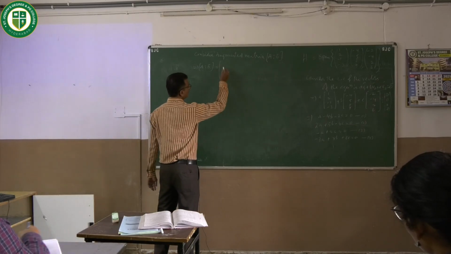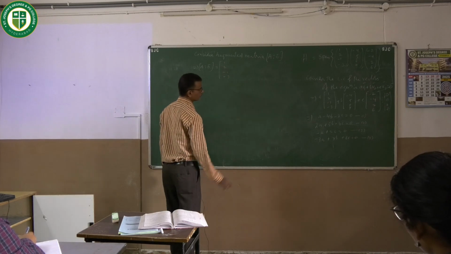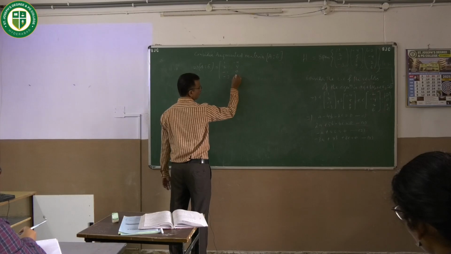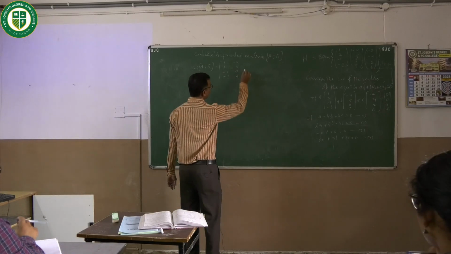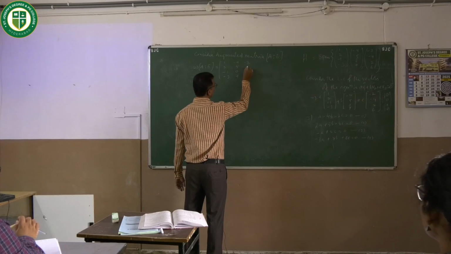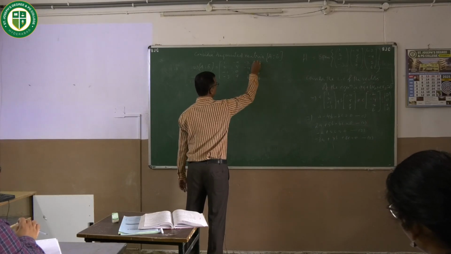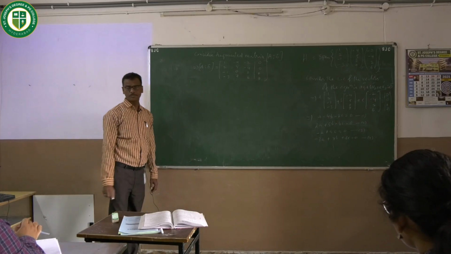What are they? 1, 2, minus 1, minus 3, minus 4, 5, 0, 7. Then next minus 2, minus 4, 2, 6, 0, 0, 0, 0. This is the augmented matrix.